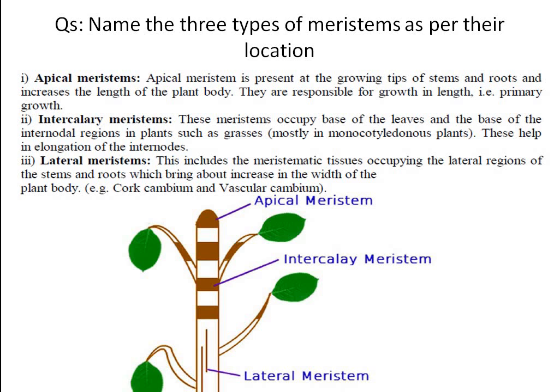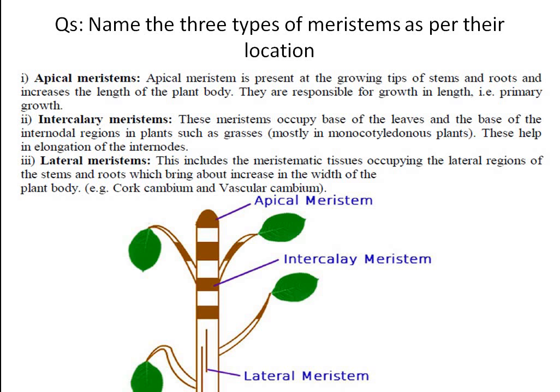Intercalary meristems are mostly seen in monocotyledonous plants. Monocotyledonous plants means they are grasses, bamboo. In bamboo plant, the bamboo plant grows in length continuously, and they have internodes. Their length is derived by the increase in length of the internodes.